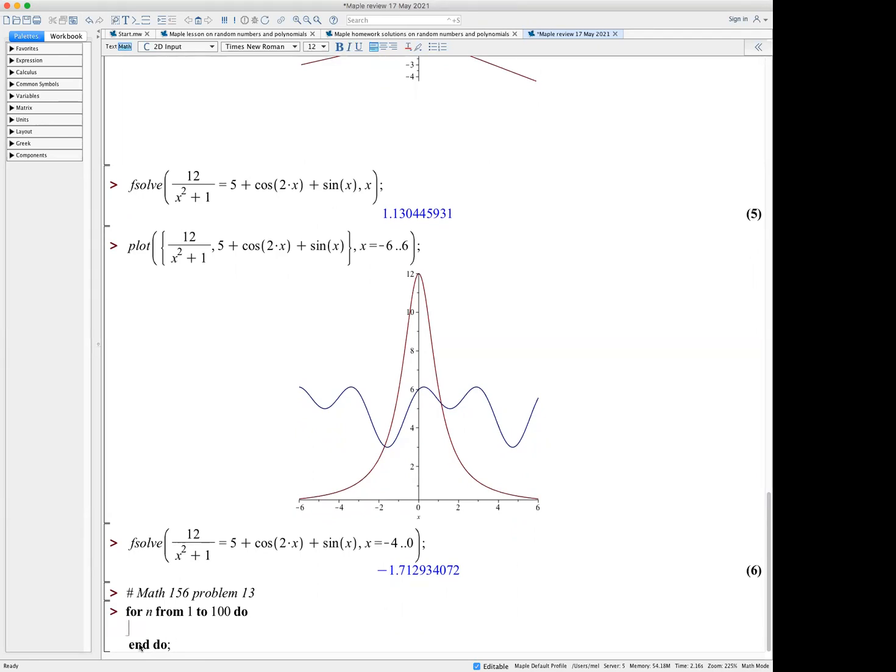And what do I want to do? Well, if a certain number is a prime, I want to write it out. So if that function, n cubed plus n plus 1, is prime, then what I want to do is print it.